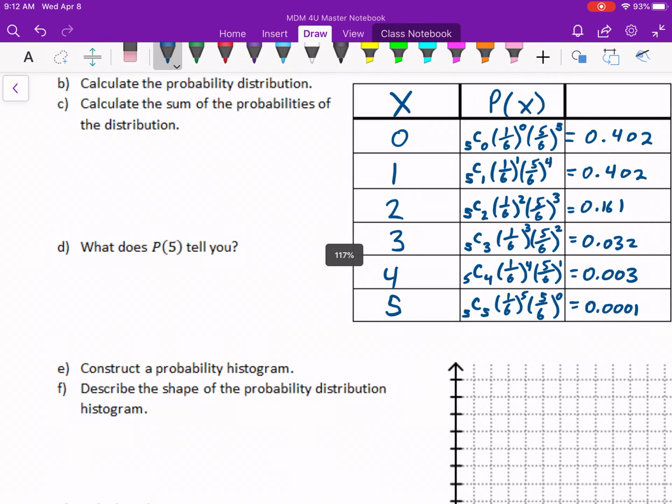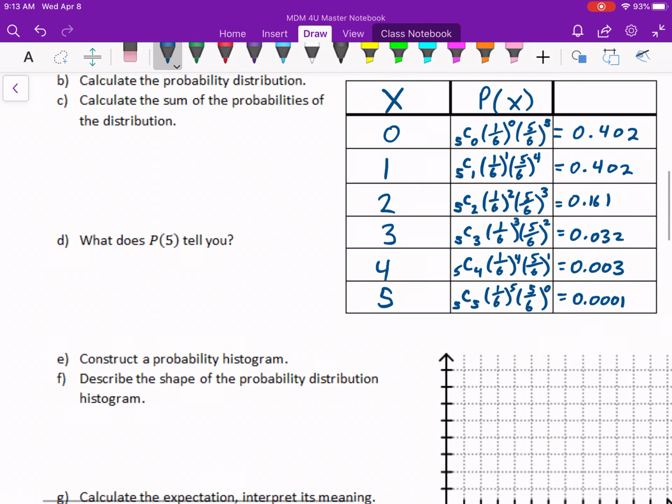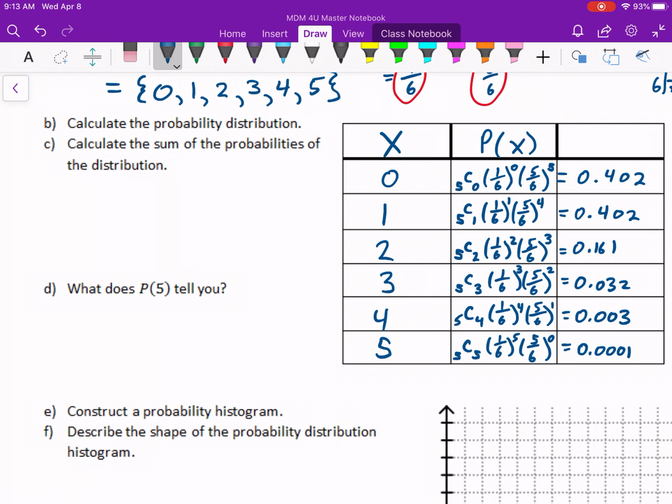So, let's look at C, that's what I just answered. Calculate the sum of the probabilities in the distribution, so they approximately equal to 1 because that accounts for all the probabilities.